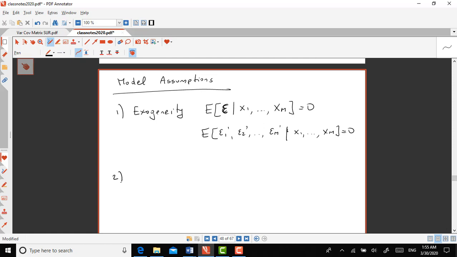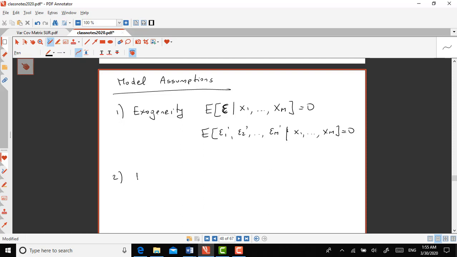The exogeneity, of course, can be relaxed. We can estimate a SUR system allowing for endogeneity, but for the basic model, it makes our life easier to understand what's going on if we also assume that these assumptions are satisfied.